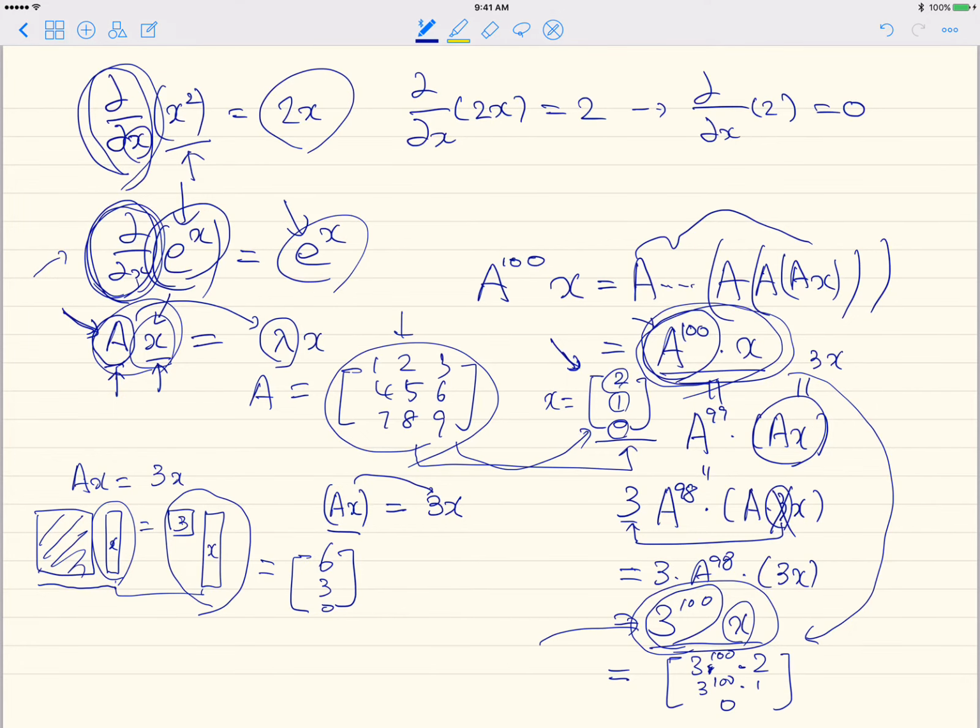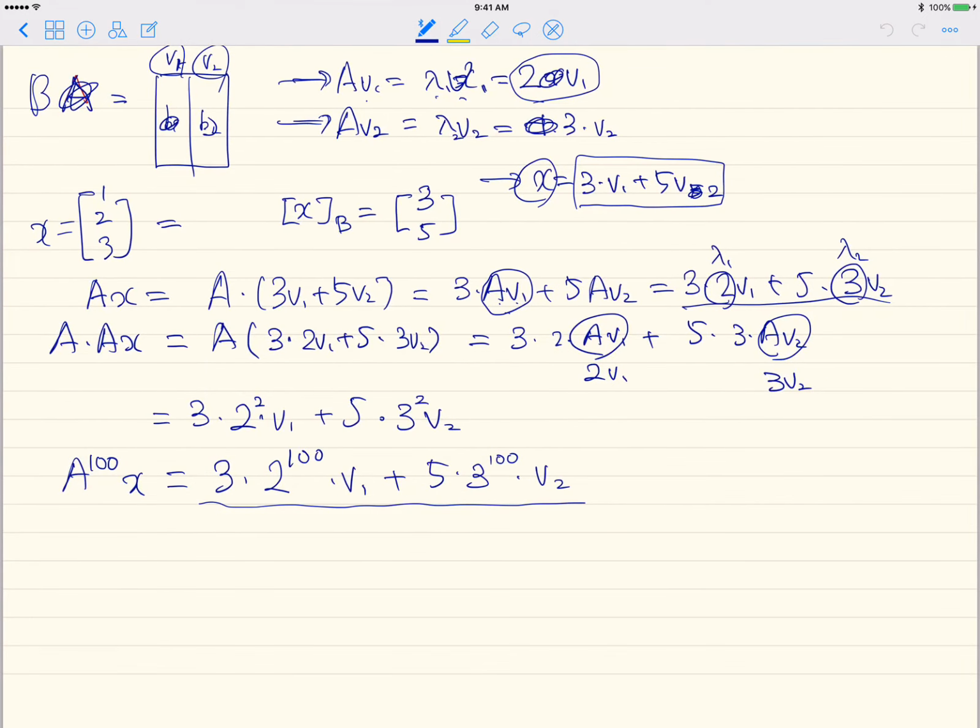In that case, that arbitrary vector can be represented in terms of the eigenvectors. It was just any vector, but we now represent it as a linear combination of the eigenvectors that the matrix A has.